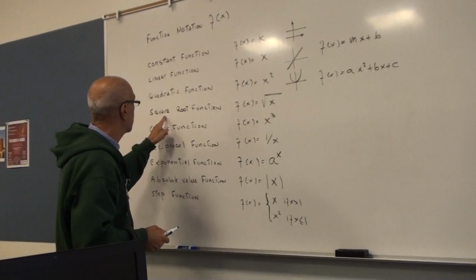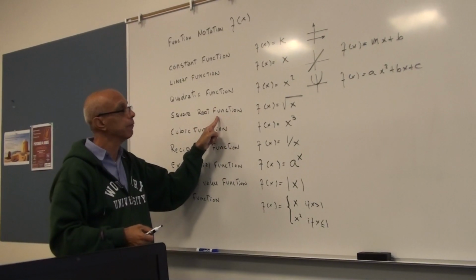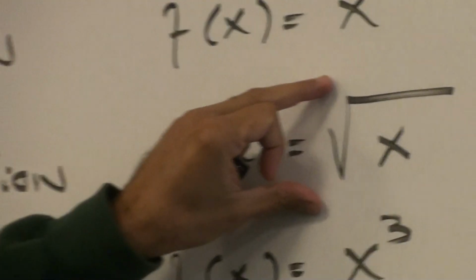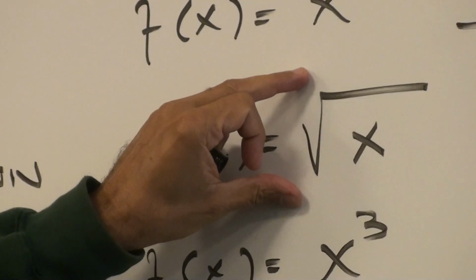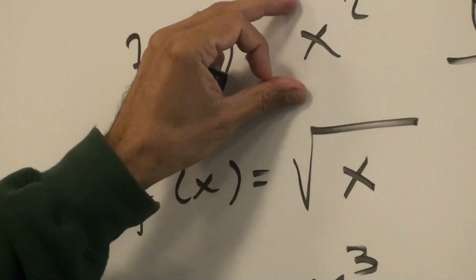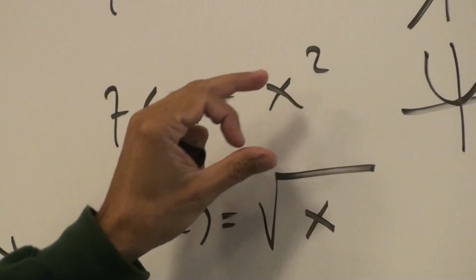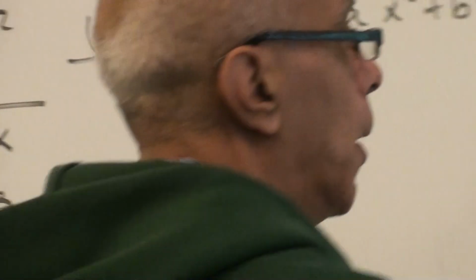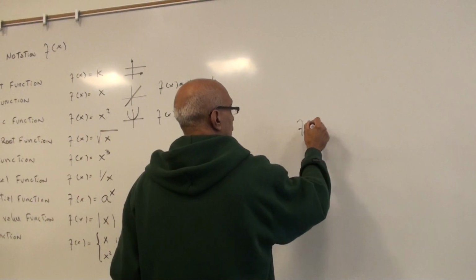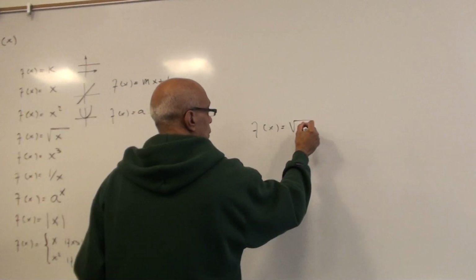Now the other function is the square root function, okay? The square root function is basically the inverse of the square, right? Square root is the inverse of the square, right? So again, f of x equals square root of x.